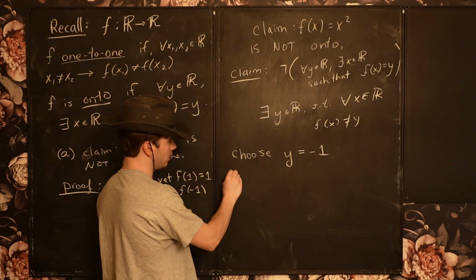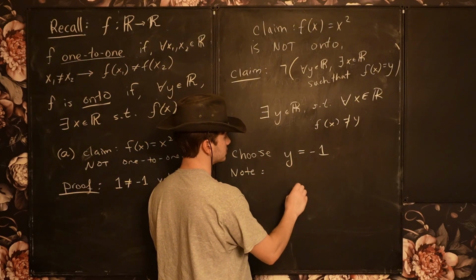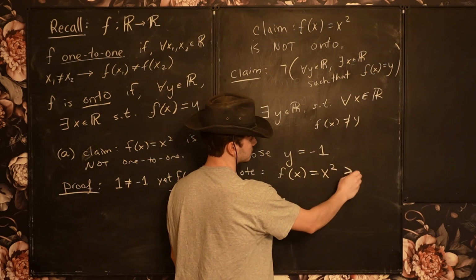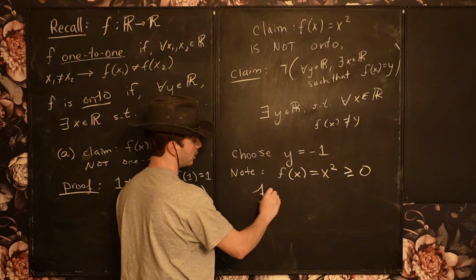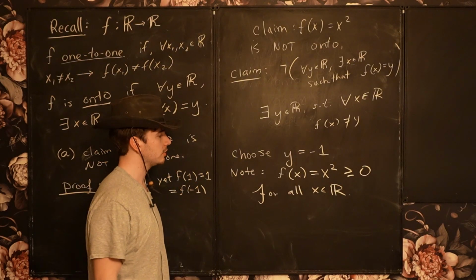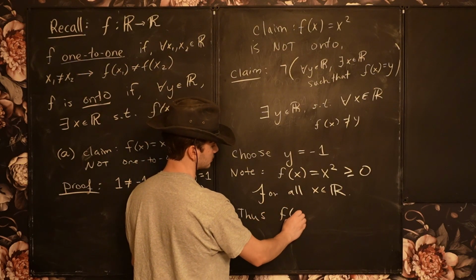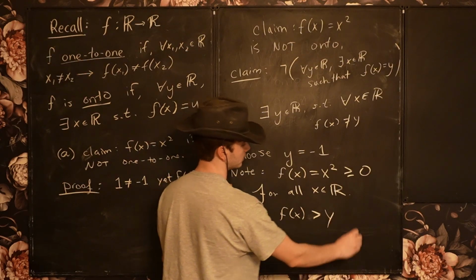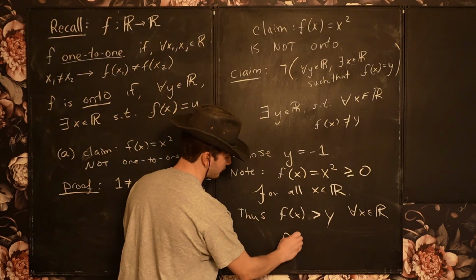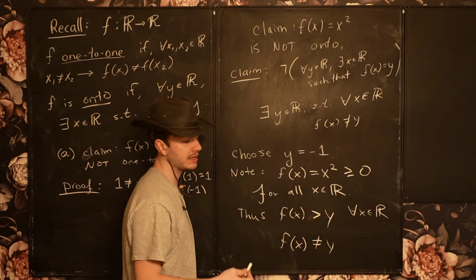And then note that f of x, which is equal to x squared, is greater than or equal to 0 for all x in R. So, thus, f of x is strictly greater than y for all x in R, or in other words, f of x cannot be equal to y, right? We have the strict inequality, so we can never have equality.